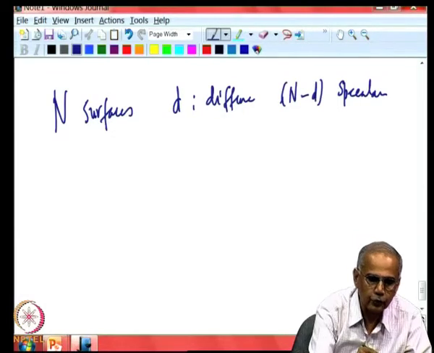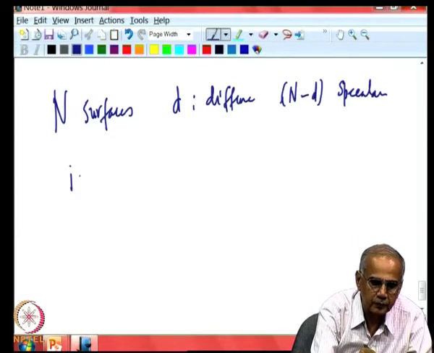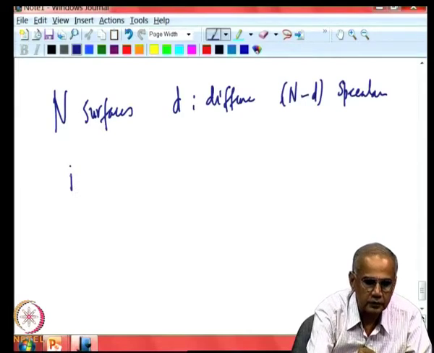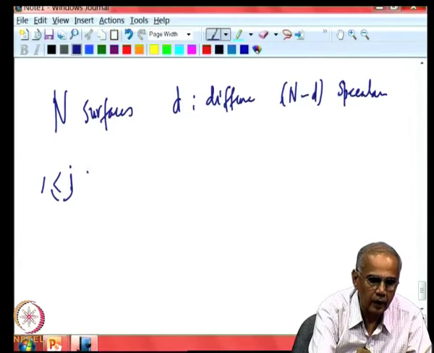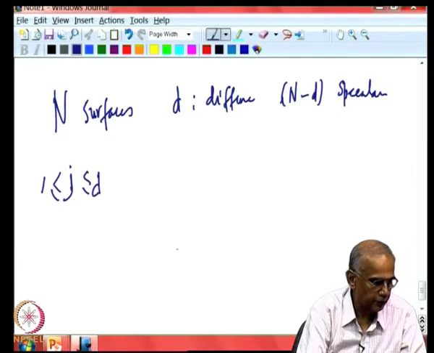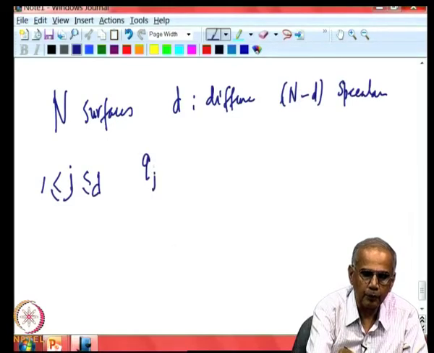For diffuse surfaces, this is j between 1 and d, these are d diffuse surfaces, you can apply the radiosity concept, no problem.